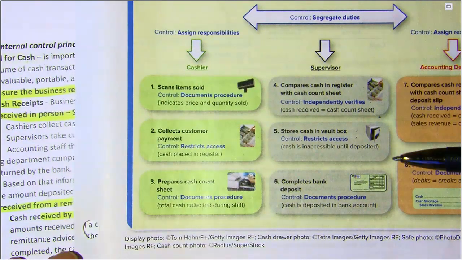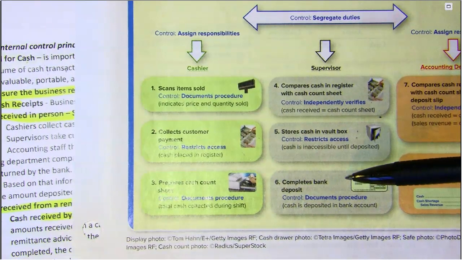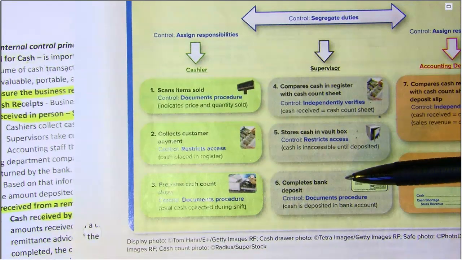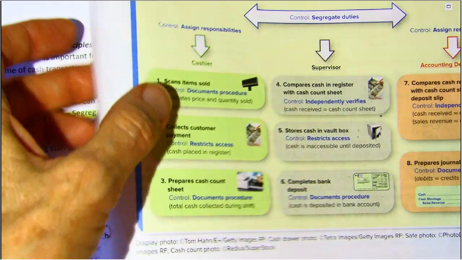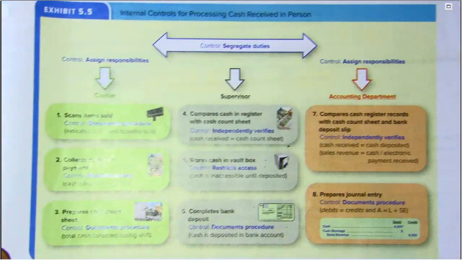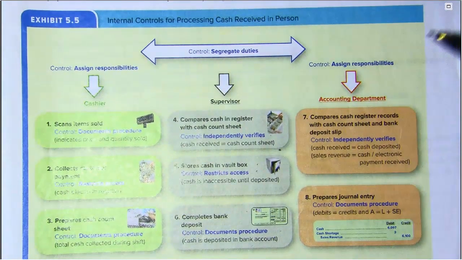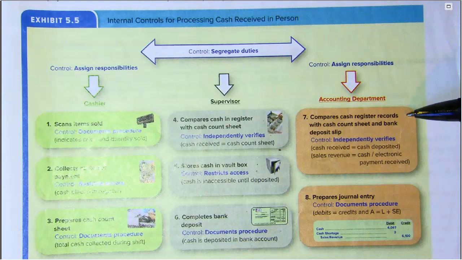And then finally, after all the money is collected, they complete the bank deposit slip, and that documents the deposit itself. Okay, the accounting department then gets the cash register records, and they compare that with the cash count sheet and with the bank deposit slip to verify that the money that was received was all deposited.